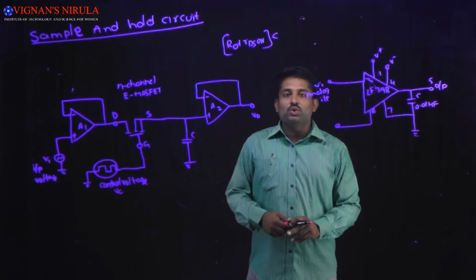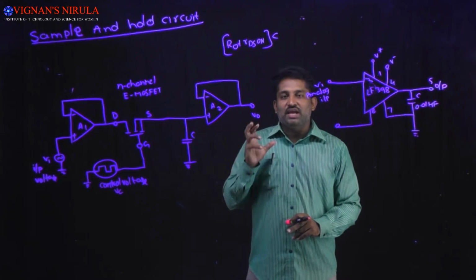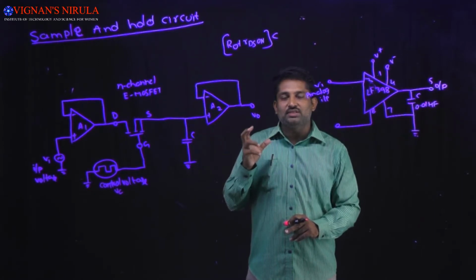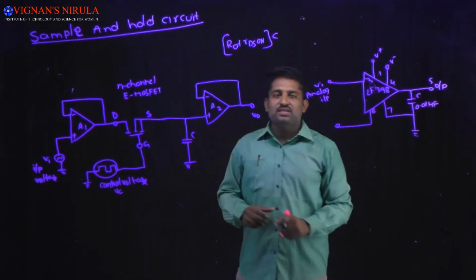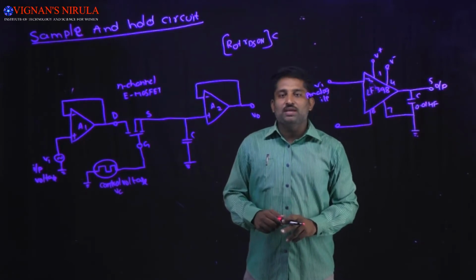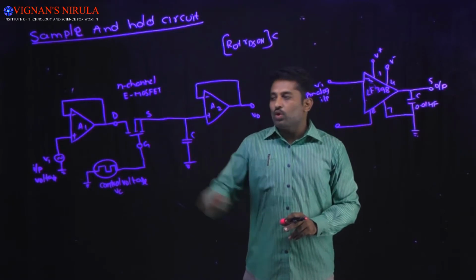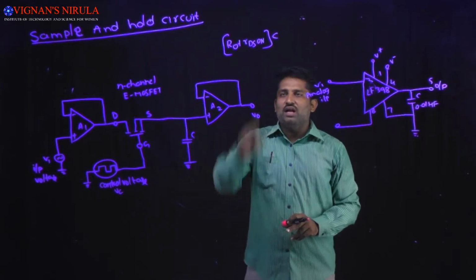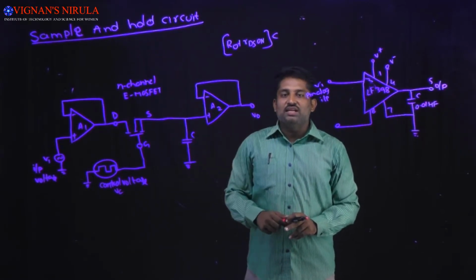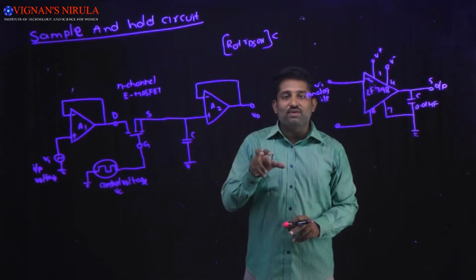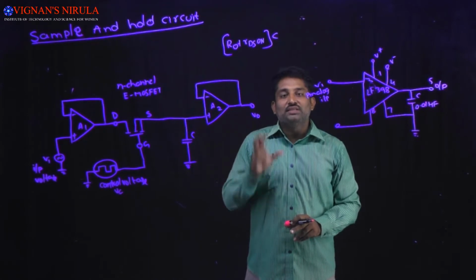Whenever the control voltage VC is positive, the N channel E MOSFET is immediately turned on, and the time required to charge the capacitor depends upon (R0 plus RDS on) times C, where R0 is the output resistance of the voltage follower A1 and RDS on is the resistance of the N channel E MOSFET when it is turned on.